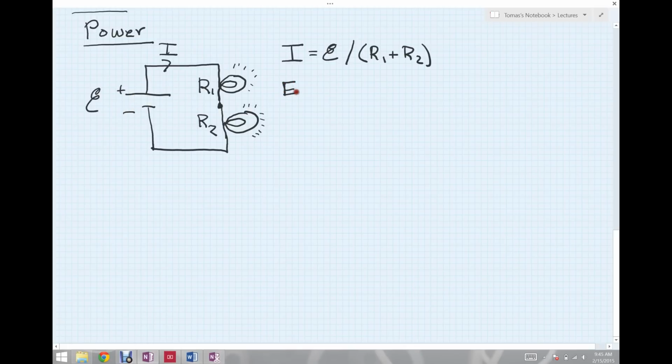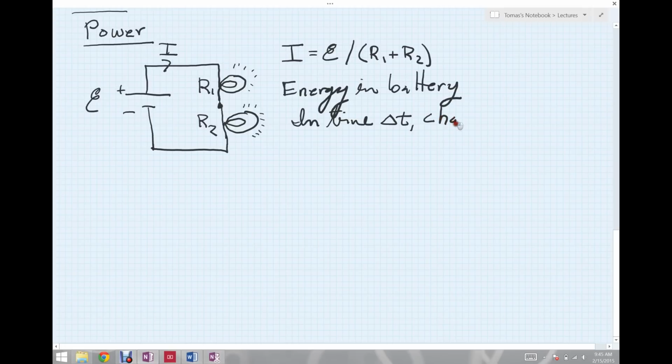So I have energy in a battery. What this battery does in any given amount of time, a time delta t, is move a certain amount of charge, delta Q, which is equal to the current flowing, because current is charge per time, times my time interval.